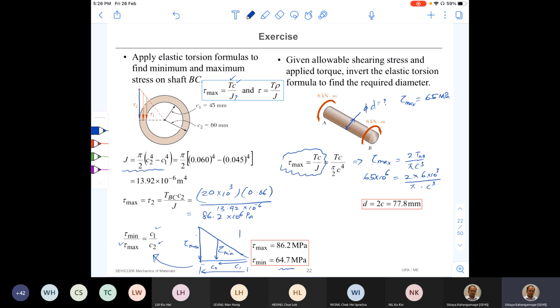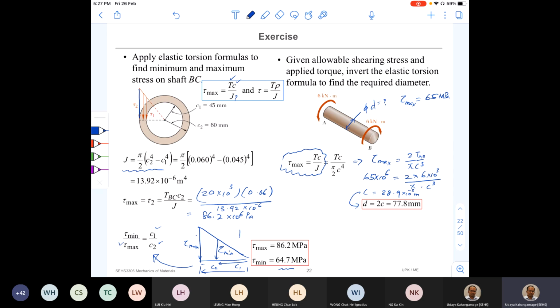So the only unknown is C. You do the calculation, and I got C equal to 38.9 into 10 to the power minus 3 meters. Then I can find D. That is how we solve that problem.